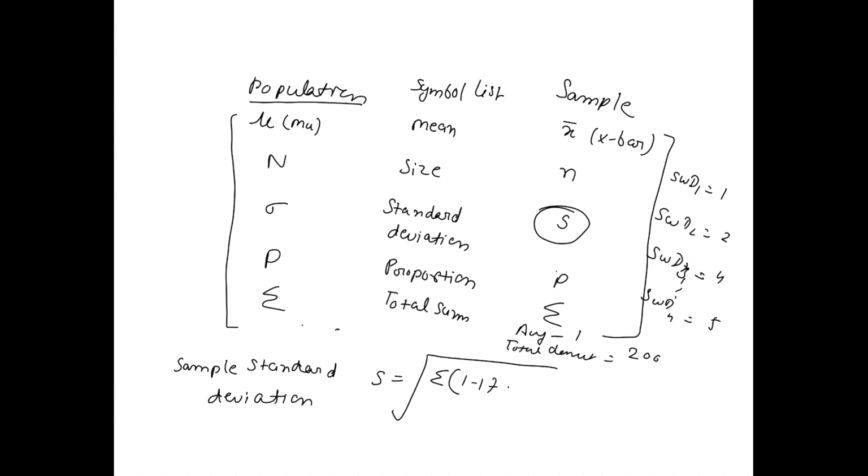Square of this divided by 200, then plus 2 minus 1 squared, and so on. 5 minus 1 squared. And whatever value comes out after the calculation, this is going to be your standard deviation for the sample.